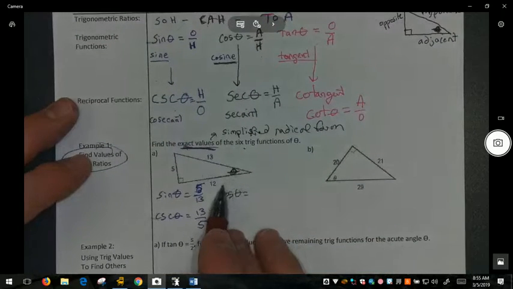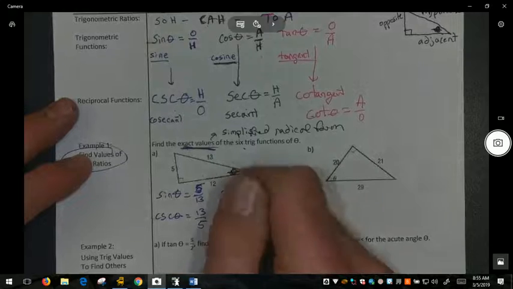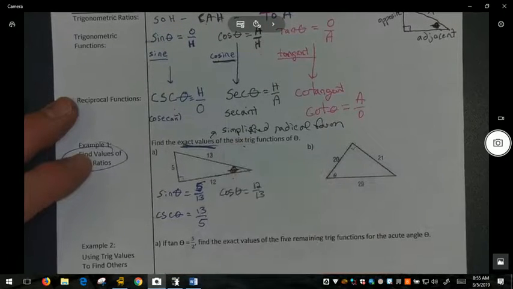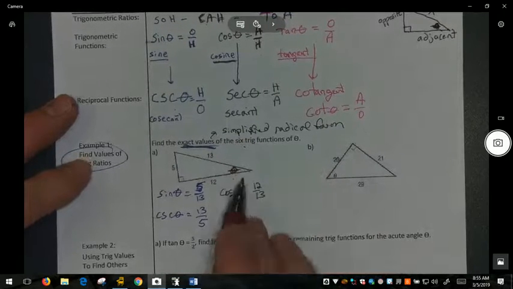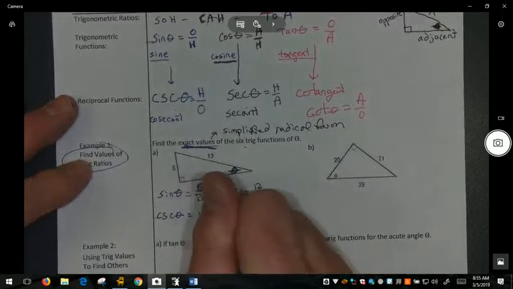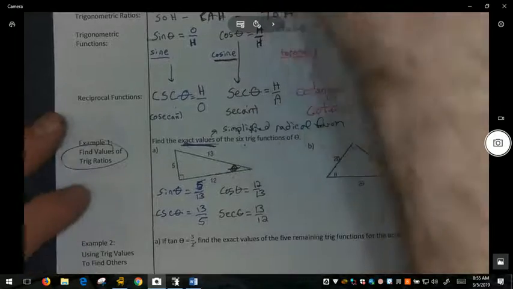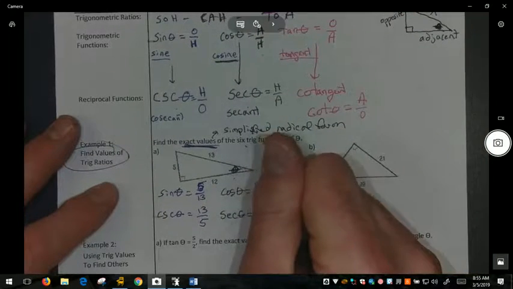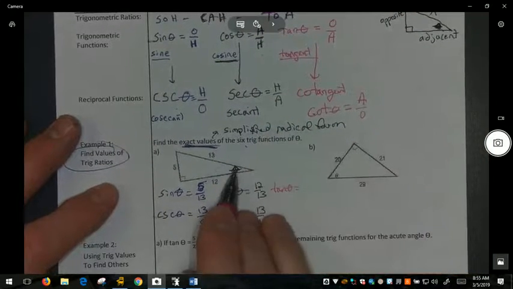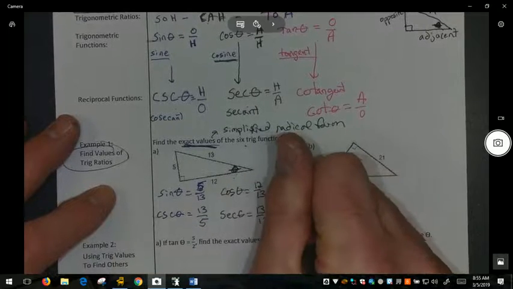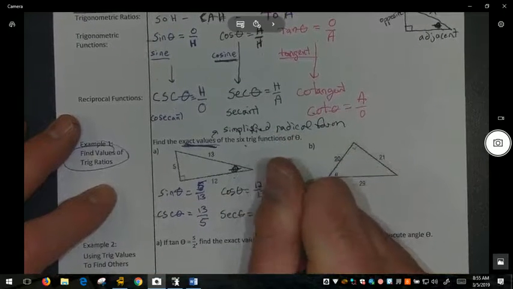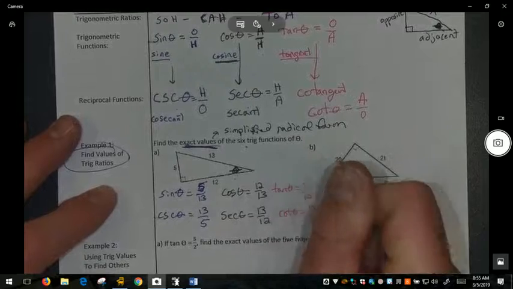Adjacent to theta, or touching it, is 12, and the hypotenuse is 13. So this is 12/13. The secant, which is the reciprocal of cosine, would be 13/12. And lastly, for this problem, we begin with the tangent of theta. Tangent is opposite over adjacent, so 5/12, which means cotangent of theta is 12/5.